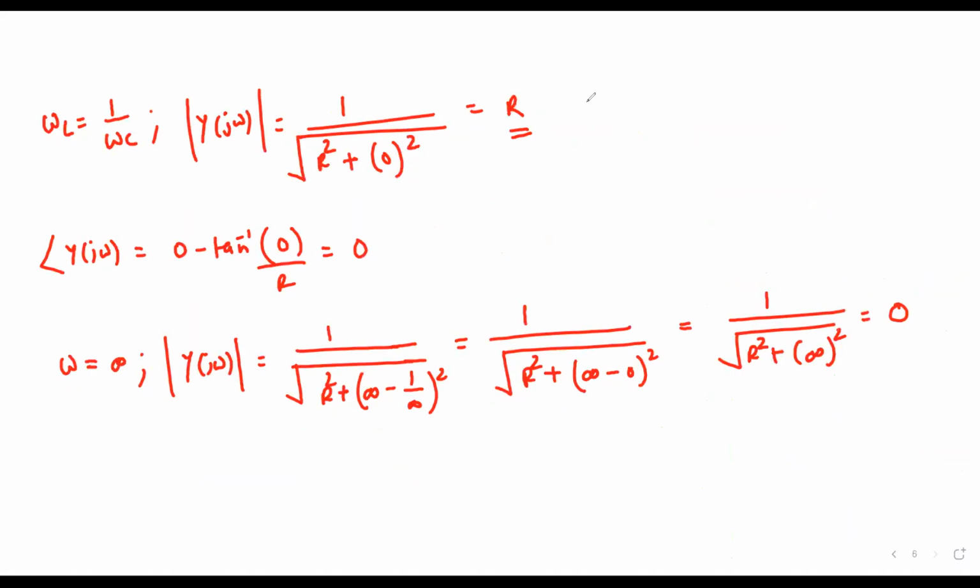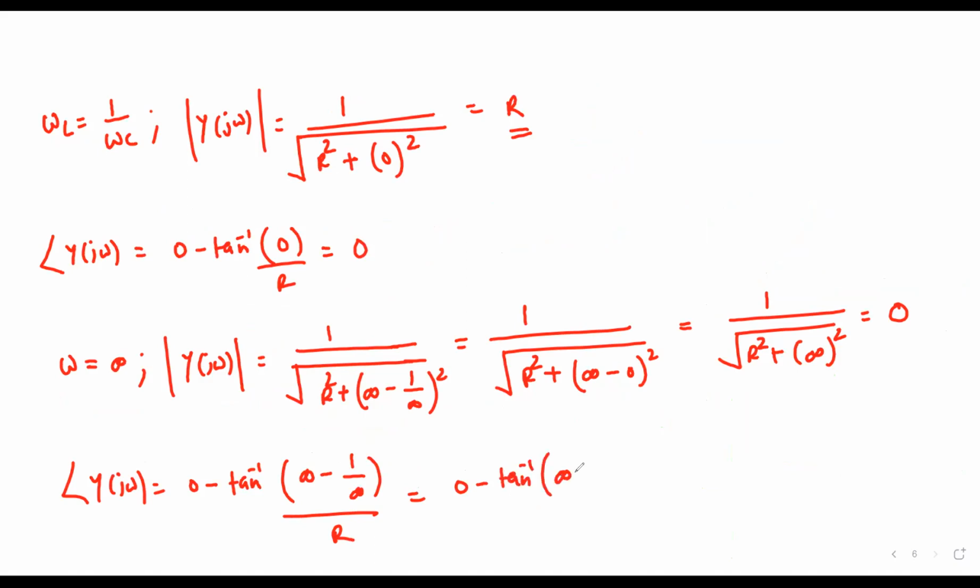What about the phase? We try to solve for the phase. We see that it is 0 minus tangent inverse of infinity minus 1 over infinity divided by R. Well, here we made a mistake.